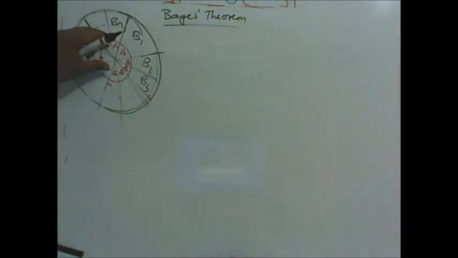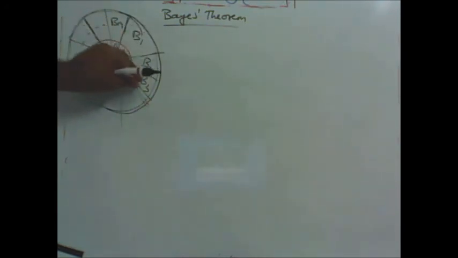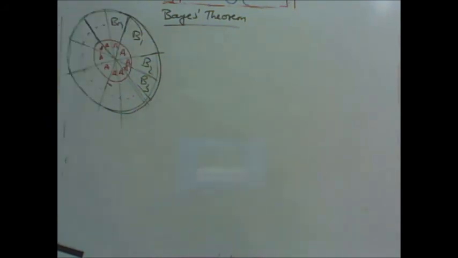This total part of the sample space is A, and it overlaps with some part of B1, some part of B2, B3 and so on up to Bn. So some fraction in every set. So these are dependent elements.